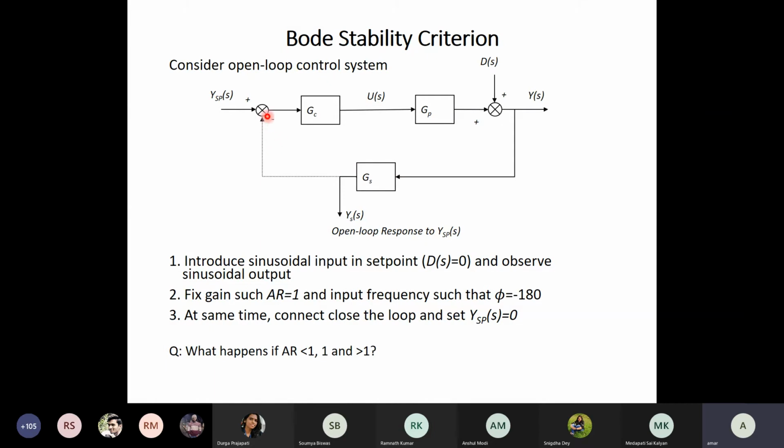This is a minus signal, so it will become positive over here. So it will give sine omega t here, and then it will come over here. And if AR equals 1, then it will continuously oscillate with a constant amplitude. If AR equals 1. Is it clear to you?